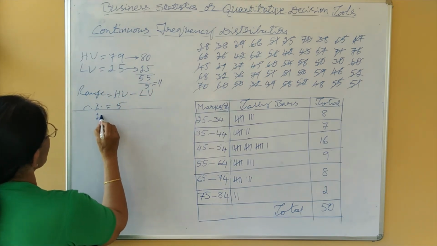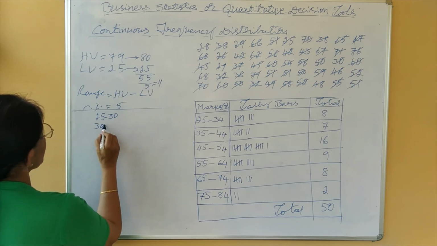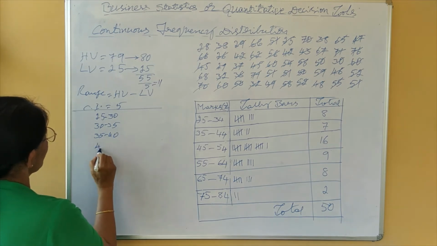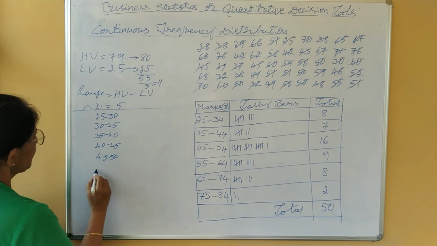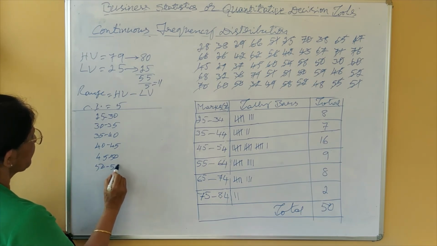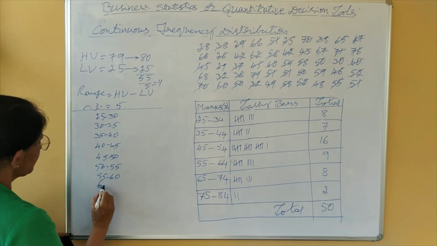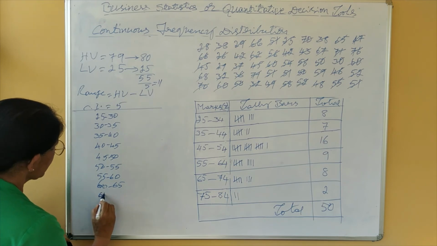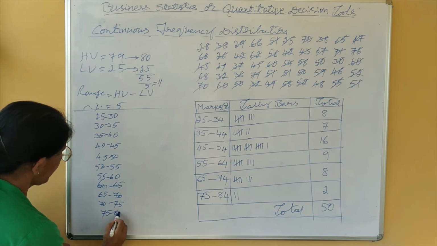Here you have to take 25 to 30, 30 to 35, 35 to 40, 40 to 45, 45 to 50, 50 to 55, 55 to 60, 60 to 65, 65 to 70, 70 to 75, 75 to 80.